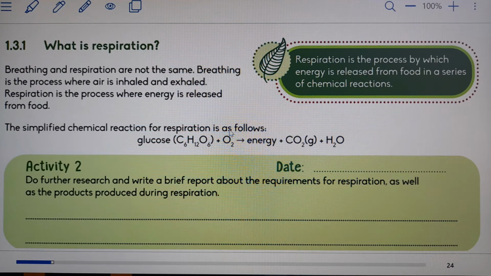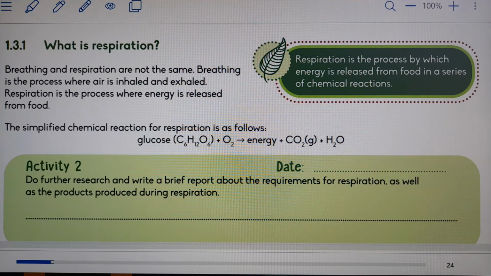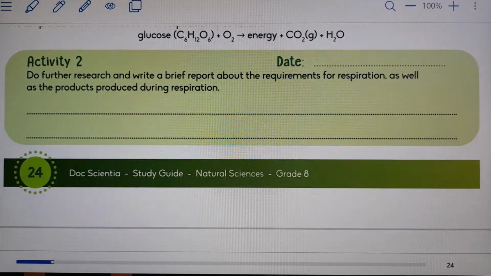Now you see what they mean when they talk about respiration being the reverse of photosynthesis. For respiration to happen, we need glucose and oxygen, and we convert that to energy, carbon dioxide, and water. You see that? I hope you all follow.